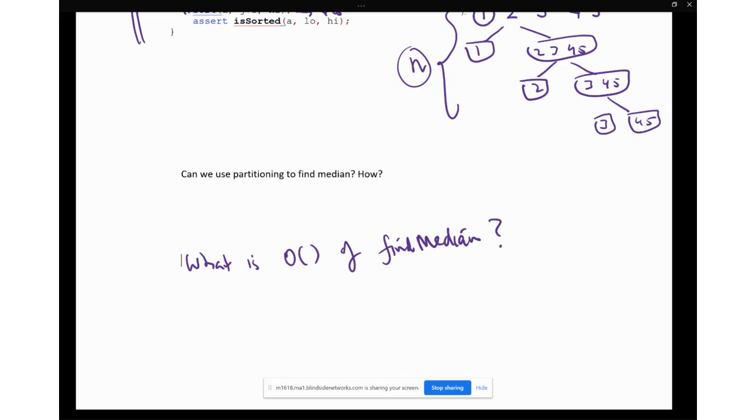So again, we have a random array and we are looking to find the median. Someone said n squared. I think you can do it better than that. Someone said n log n. That's good, but how do you do that in n log n?